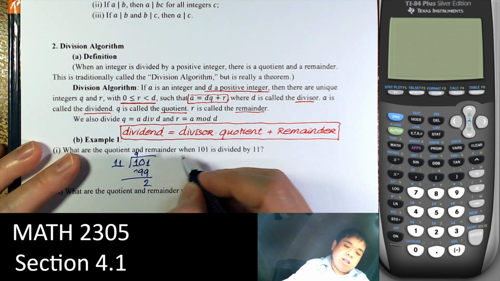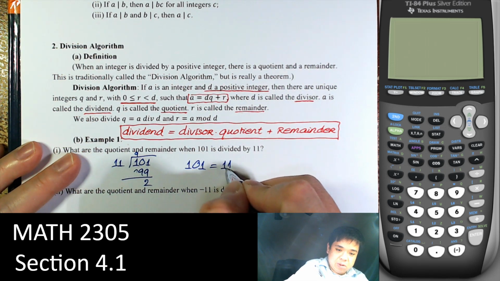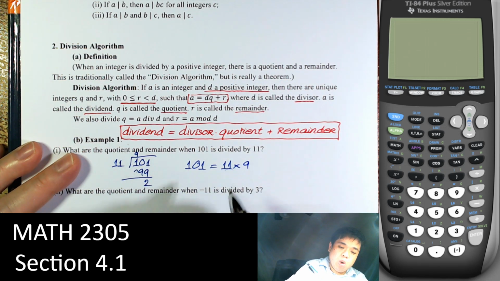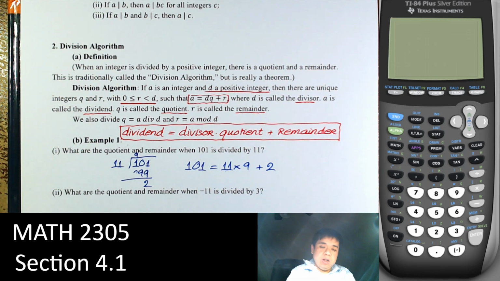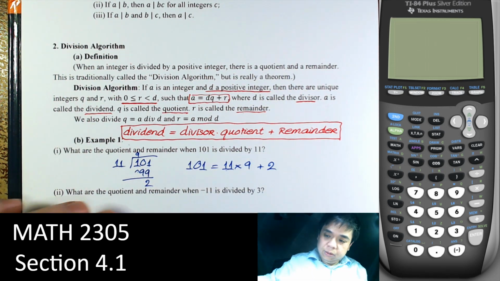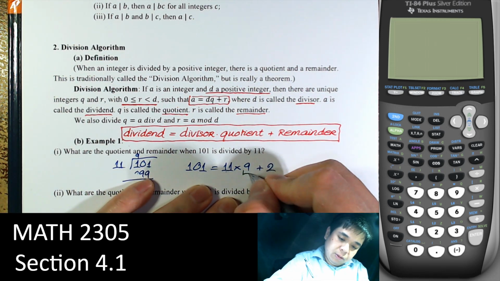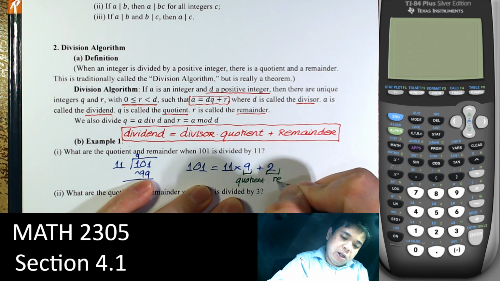So we say 101 is equal to 11 times 9 plus 2, divisor times quotient plus remainder. So 9 is the quotient and 2 is the remainder.